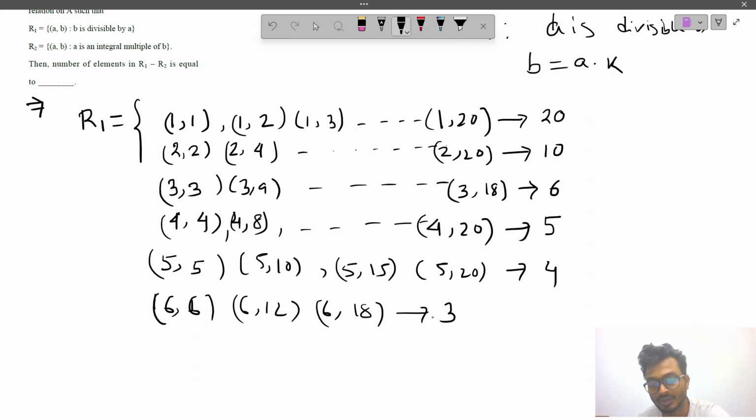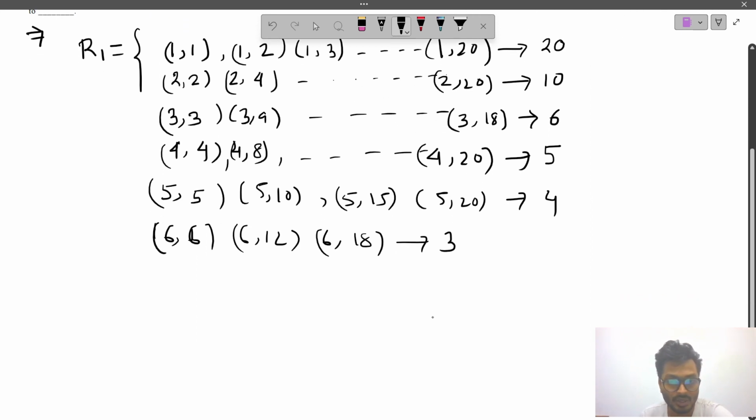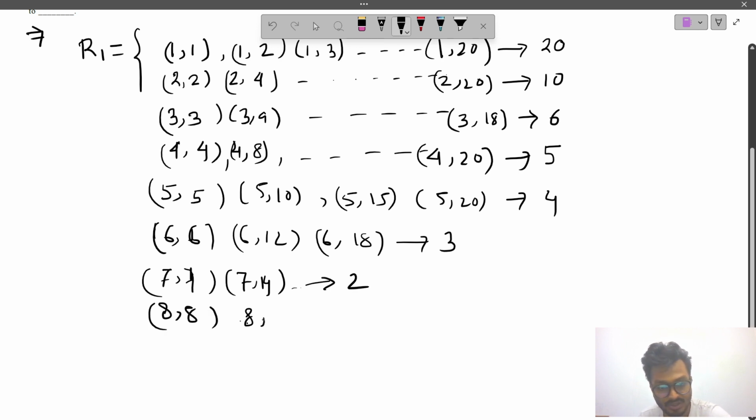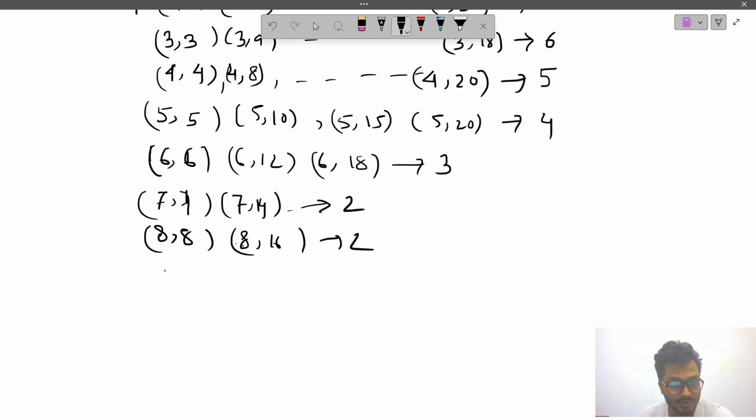So 3 terms. Similarly (7, 7), (7, 14), and if we take (7, 21), it will be out of range, because up to 20 is our range. So this is 2.